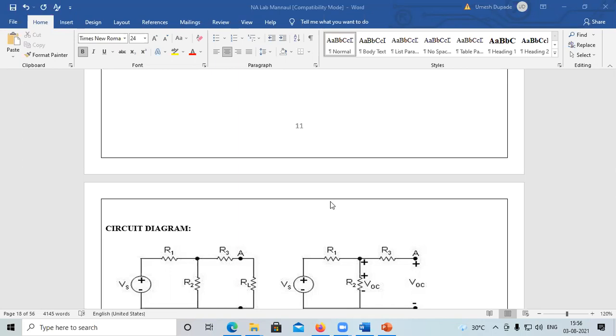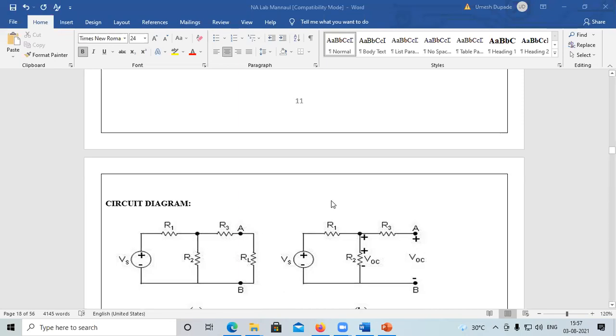While finding RTH, short circuit the voltage source, and if there are current sources, open circuit the current source. If it is a current source, open circuit it; if it is a voltage source, short circuit it. Then, by applying the series-parallel technique or star-delta transformation technique, reduce the network and find the equivalent resistance. This equivalent resistance is nothing but Thevenin's resistance.